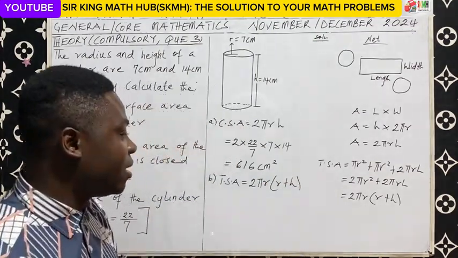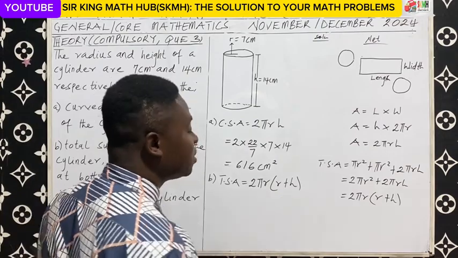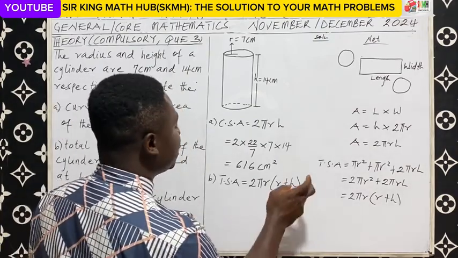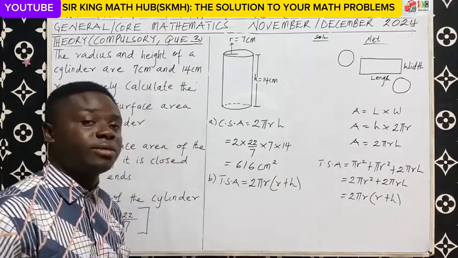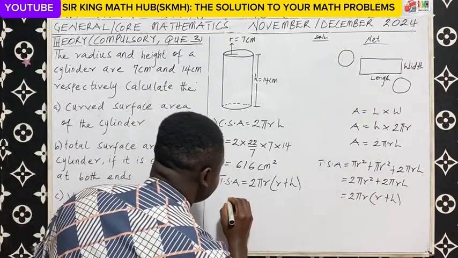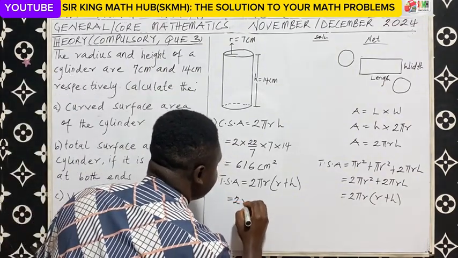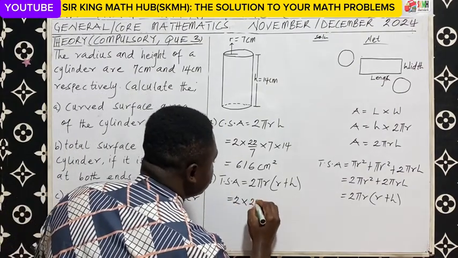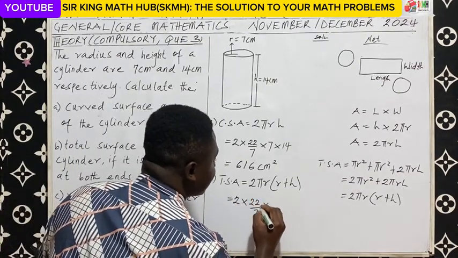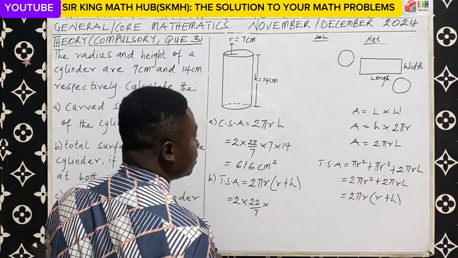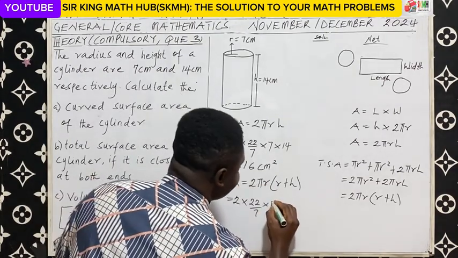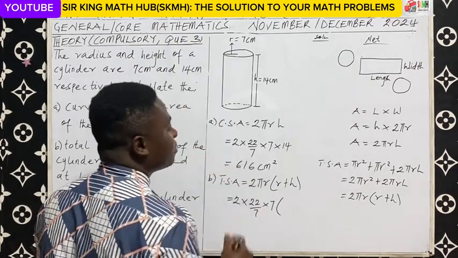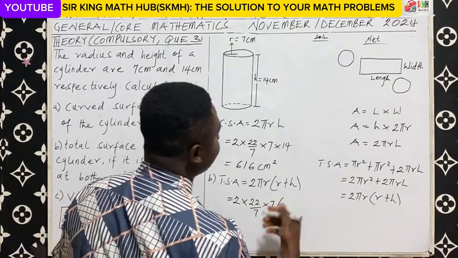So now with this formula, what we need to do is just substitute the values of r, h, and pi into the formula. So we have 2 multiplied by pi, which was given as 22 over 7, times the radius. The radius of this cylinder was given as 7, multiplying the expression r plus h.